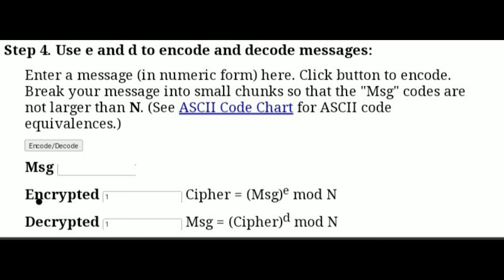Last step, use E and D to encode and decode messages. So you may enter a message in numeric form here. Then click the button to encode. Break your message into small chunks so that the message codes are not larger than n.